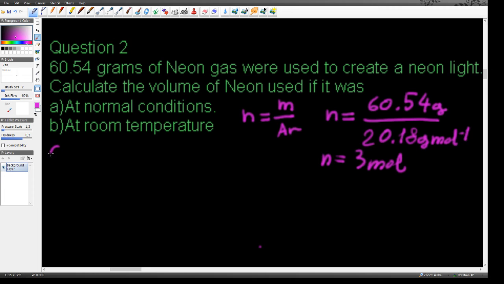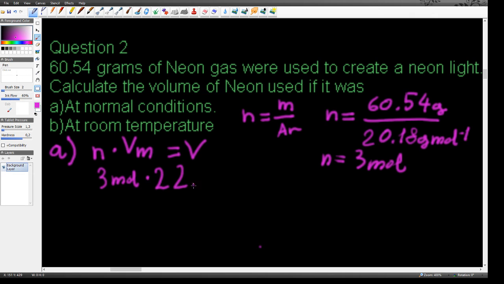Let's calculate the volume of neon at normal conditions. So if we know n equals V over Vm, then we can rearrange that to get n times Vm. So the number of moles times the molar volume gives us a volume, and hence we can say that the number of moles, 3 moles, times by the molar volume, which, as we know, at normal conditions is 22.4 decimeters cubed per mole.